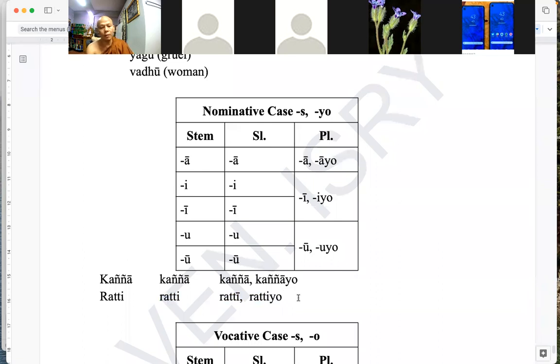In this way. So for that Ratiyo form, maybe in the context, sometimes we can see a contracted form. From the Ratiyo, this 'yo' is reduced or contracted.